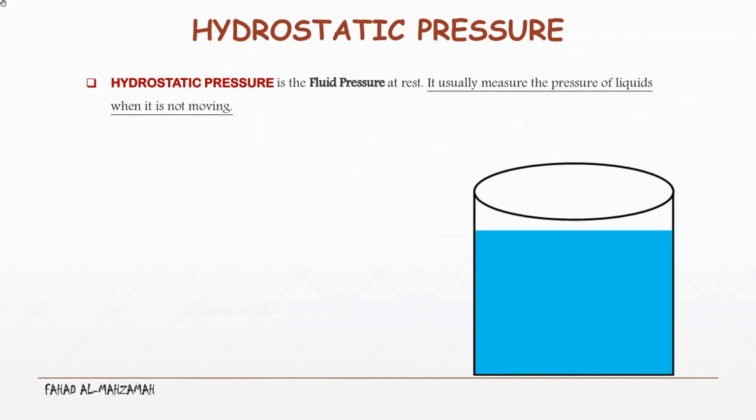But in the liquid, the particles and molecules are not so close to each other, and in gases, they are far away from each other. So we will talk about liquid. Why did I mention this? Because in the liquid, the molecules can be deformed, can change shape into the shape of the container. What do I mean?